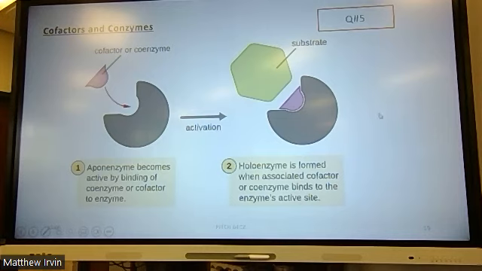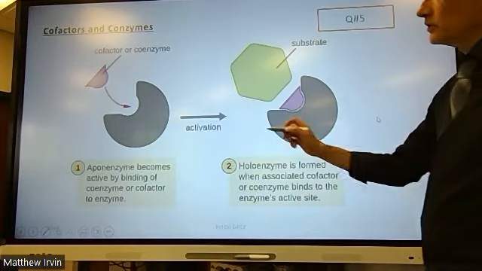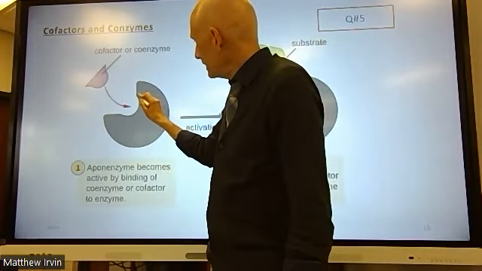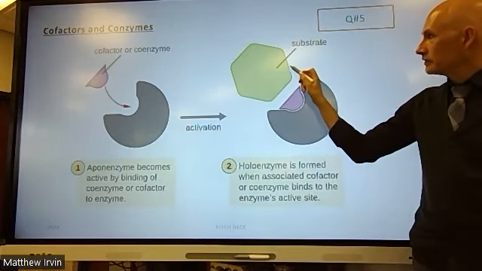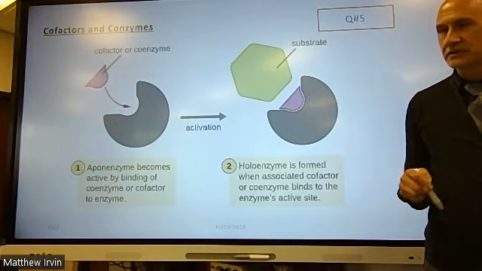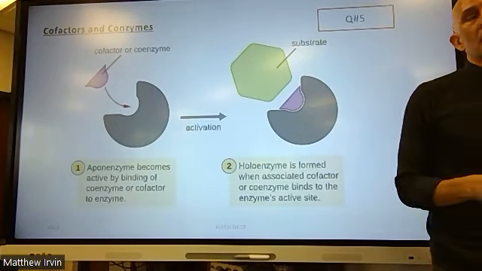So then again, back to cofactors and coenzymes. So cofactor coenzyme binds into your active sites, and it gives you the correct shape for the substrate to fit in. So some terms that might show up.